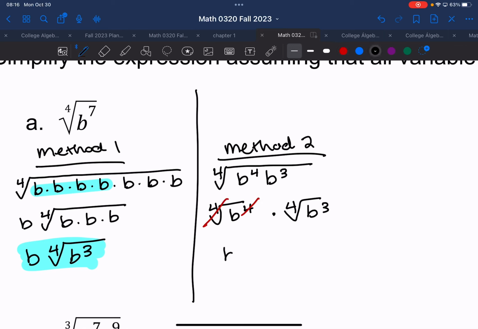So we're left with b, 4th root of b cubed. Notice we get the exact same answer. So these are just 2 different methods you could use. If this concept confuses you, I would stick with method 1 because it's more visual. If you understand the concept a little better, then stick with method 2.